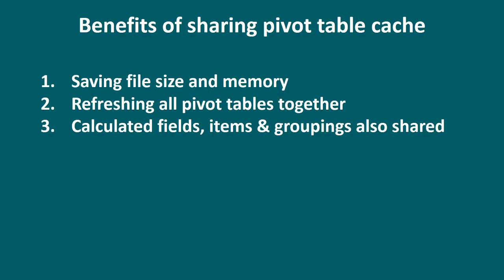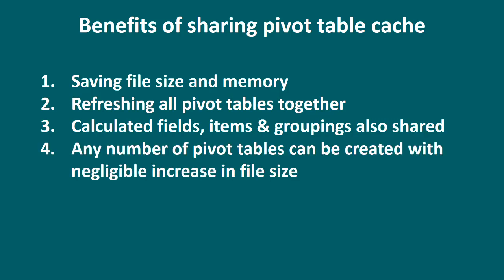So the same calculated fields and items will show in all the pivot tables' field lists, and all the groupings you have done on any one pivot table will affect your other pivot tables also if they are sharing the pivot table cache. As said earlier, the major advantage of sharing pivot table cache is you can create as many pivot tables as you need from the same cache with negligible increase in file size.